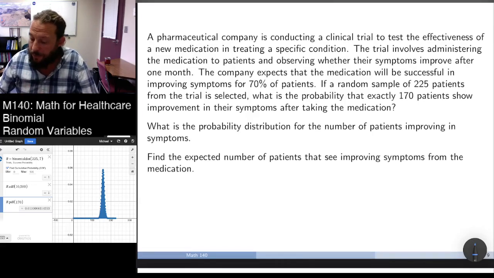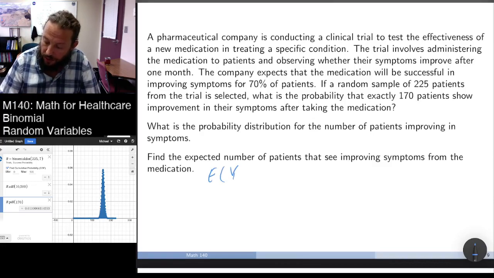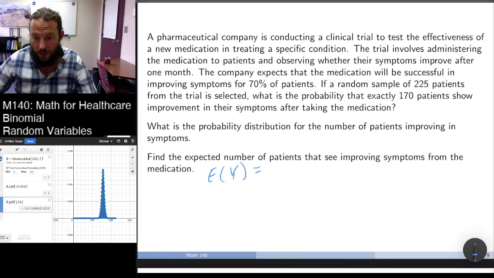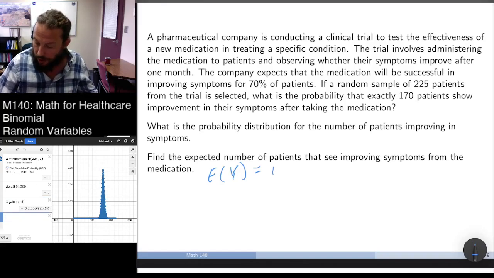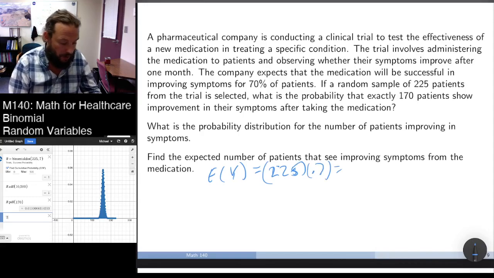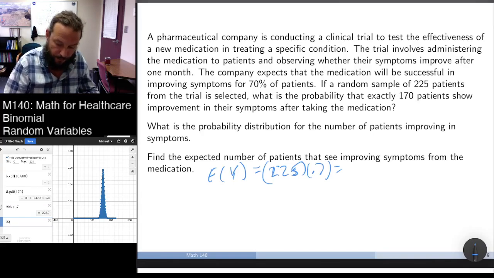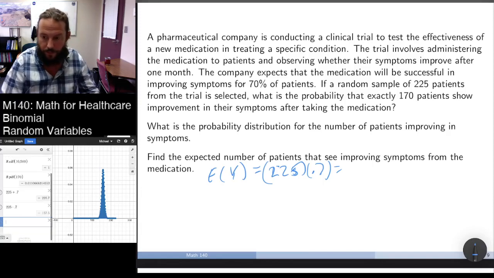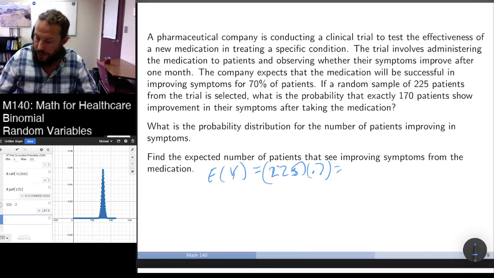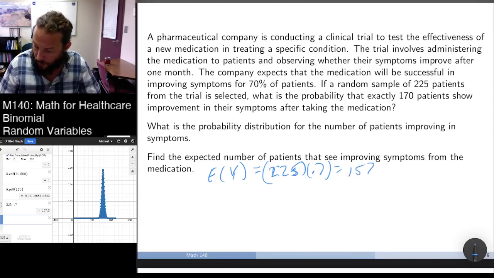How about the expected number of patients that see improving symptoms from the medication? The expected value of Y, this was a binomial, so we simply do our number of trials times the probability of success, and that is 157.5 people.